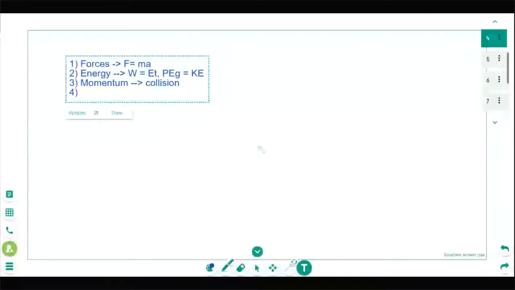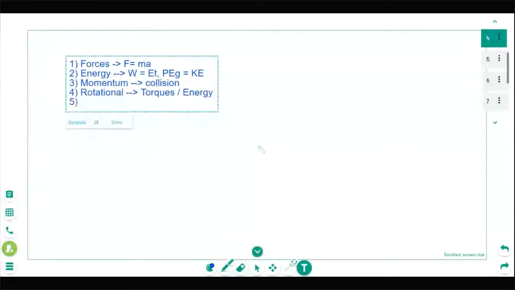Number 4 would be some sort of rotational question. So am I doing angular stuff or moving around or things like that? Generally, those are going to be either forces, or I should say torques, or energy as well, depending on what the question gives you. And then finally, projectile motion.